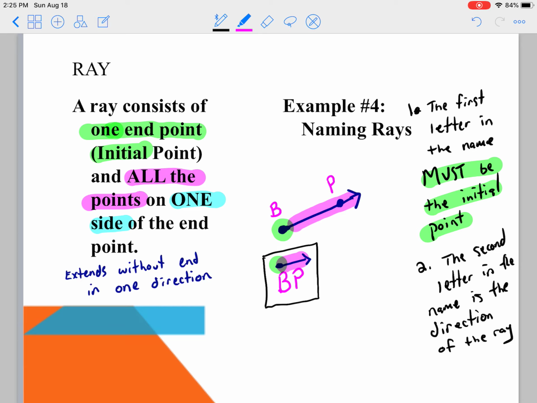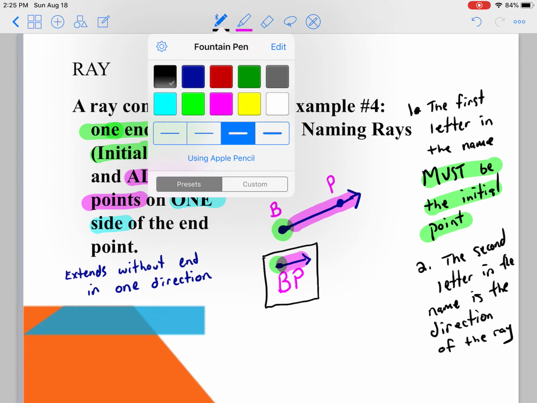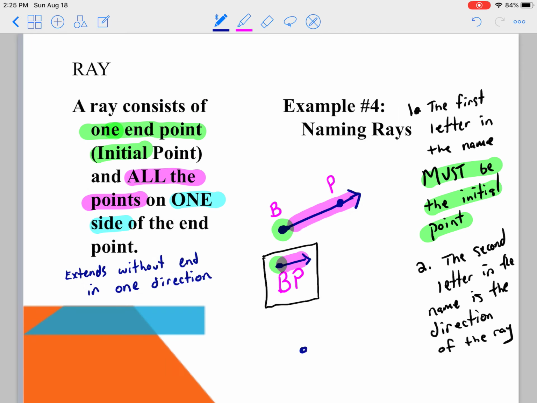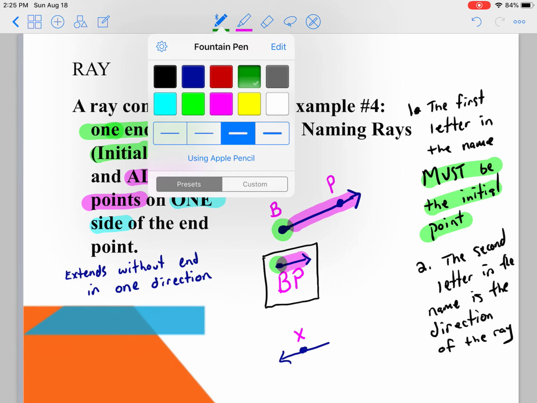One specific thing I need to mention, and this is different from some of the other notations that we've used. If I have a ray, because a ray can technically move in either direction, it can go left or right, and I were to name this ray, let's call it XY. When I name this ray, my initial point is still, wrong thing, let me fix this really quickly.